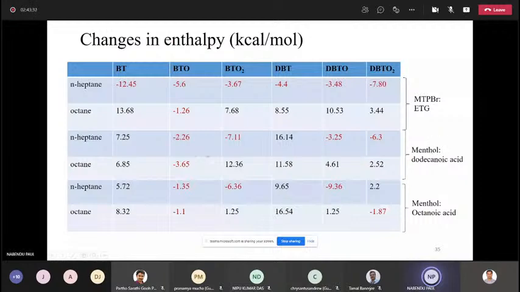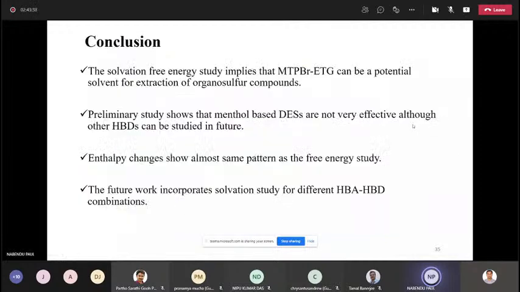So overall, this conclusion signifies that the solvation free energy study, or the overall solution energy study, implies that the MTPBr EG, like methyl triphenyl phosphonium bromide ethylene glycol DES, can be used for the extraction of organic sulfur compounds, but menthol based DESs are not good for this kind of extraction, whereas menthol based DESs are good for the extraction of pharmaceuticals or similar kinds of products. The enthalpy and the energy changes both are showing similar patterns to the free energy study.